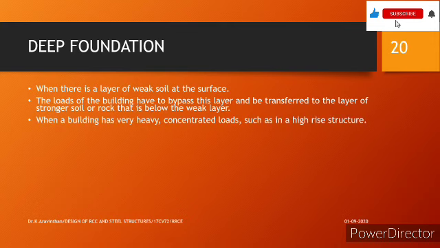So the idea is, generally if you are having a weak soil at a particular depth, you have to dig deep, and when you are getting a firm and strong strata, there you can start your foundation. So if the firm strata is very much deep, then the foundation is called a deep foundation.